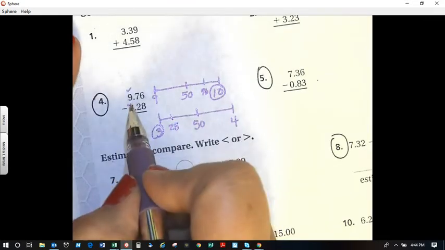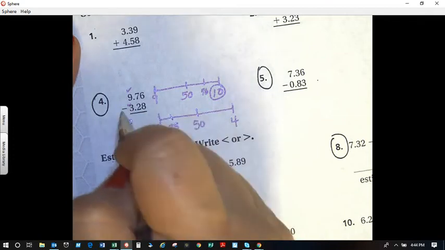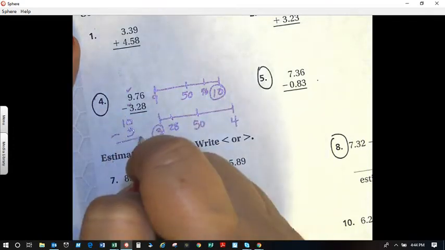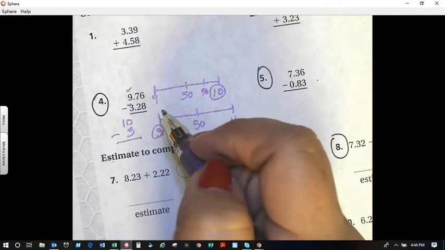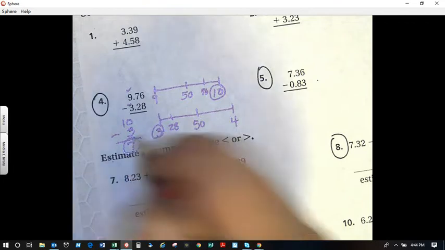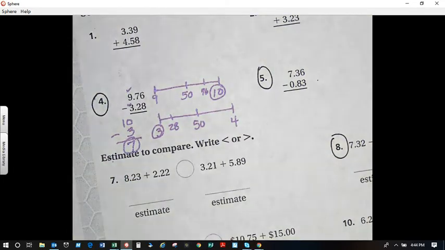So when subtracting, 10 minus 3, my answer then is going to be 7. Okay, does that make sense? Start putting all your work on a number line when it comes to estimating so that you can see it a lot better. I'm going to use pencil, using my glittery purple pen, and it's not coming out very well.